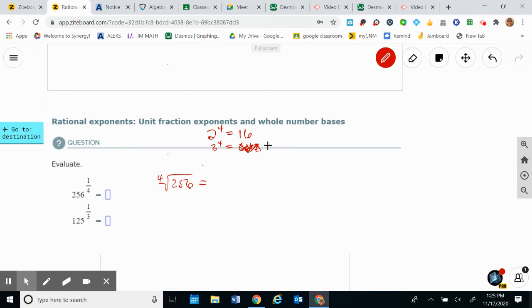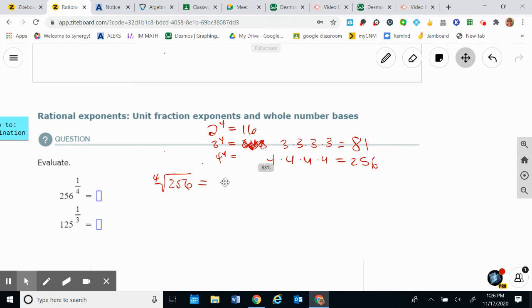I lost my dang mind. Okay, it's 3 times 3 times 3 times 3, which is 81. Okay, 4 to the fourth is 4 times 4 times 4 times 4, which is 16 times 16, which I believe is 256. Okay, so the fourth root of 256 is 4.